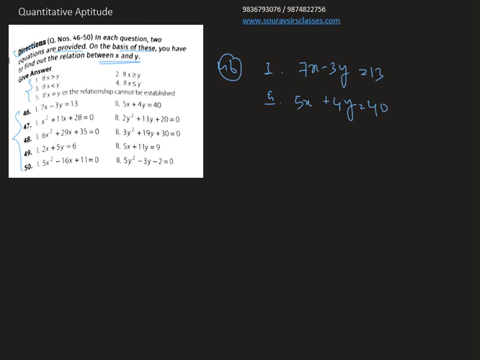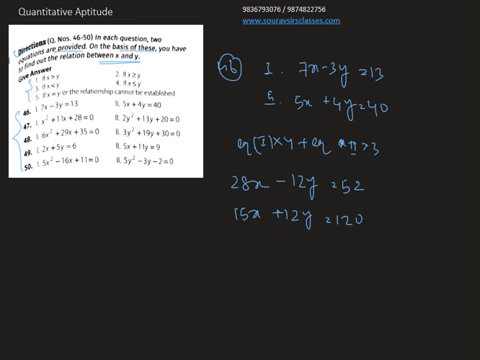Now if we multiply 4 with equation 1 and multiply 3 with equation 2, we get 28x minus 12y equals 52, and then we get 15x plus 12y equals 120.